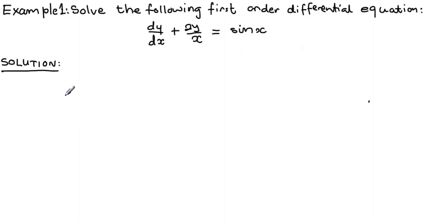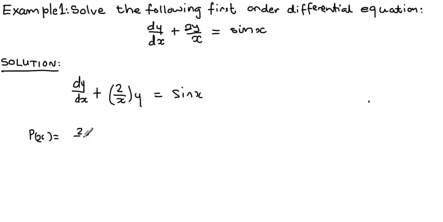Let's rewrite the equation in a suggestive way, to make p and q stand out easily: dy/dx plus (2 over x) y equals sine of x. As it has been written, it is easy to see that p, a function of x, is given by 2 over x.